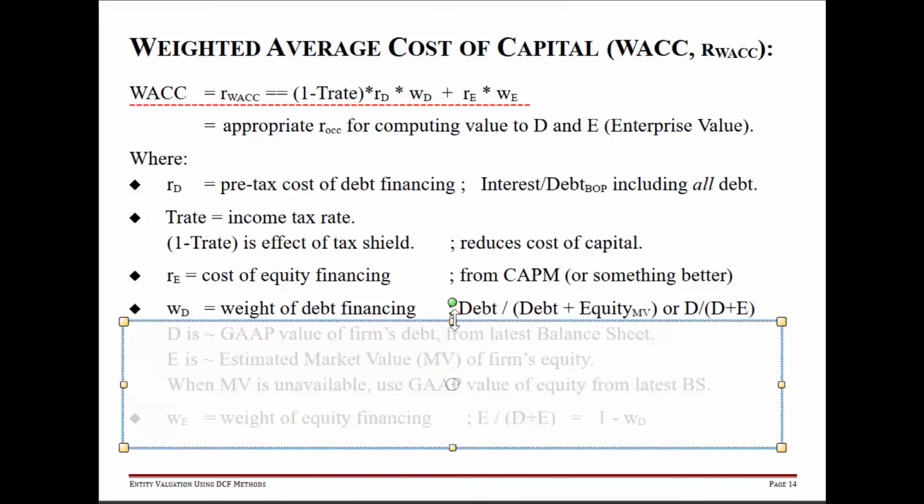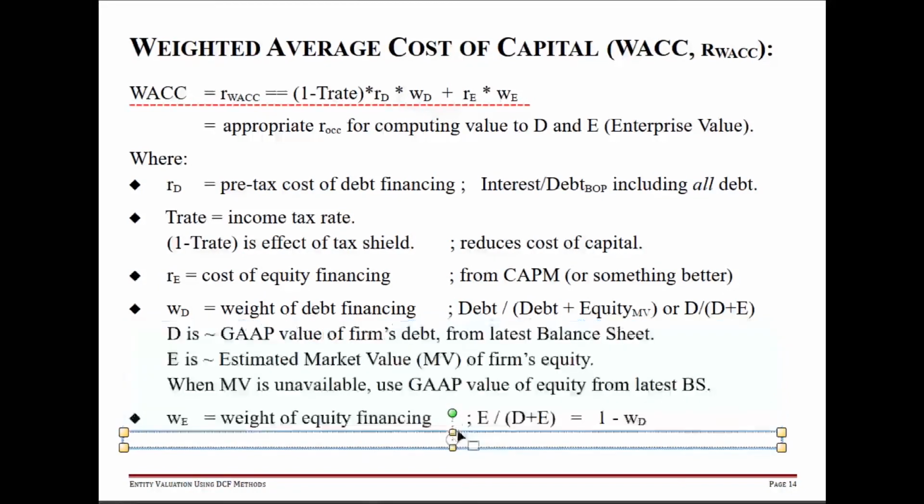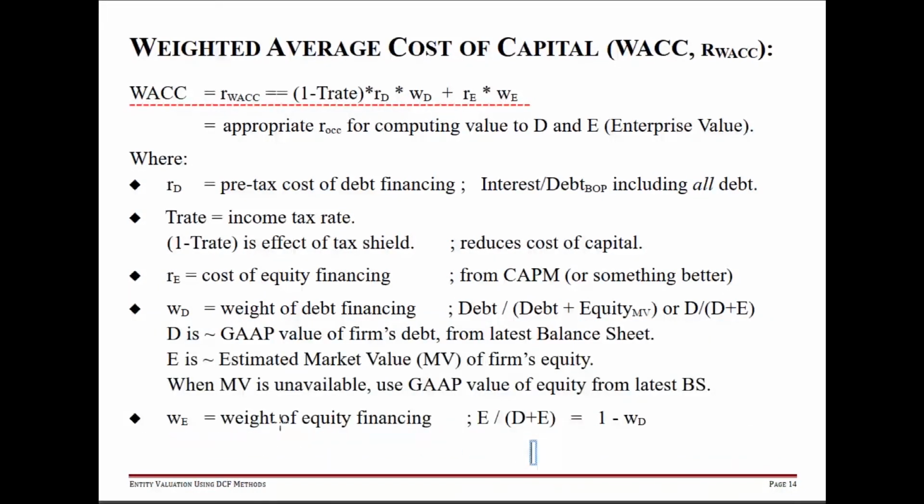That's completely fine. And then down here, we have the weight of equity financing, which is just the market value of equity if we have it, otherwise GAAP value of equity, divided by D plus E. It's also mathematically equal to 1 minus the weight of the debt because they have to add up to 100%.